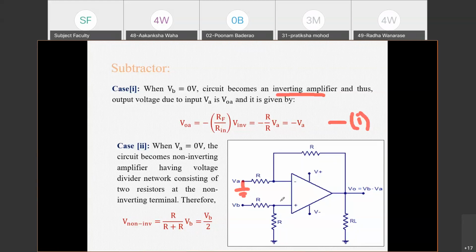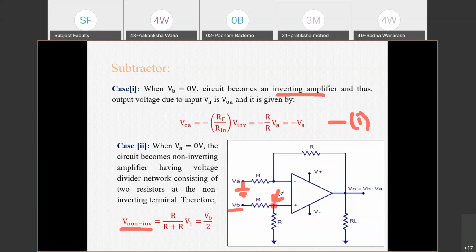But what we are interested in is the voltage at the non-inverting terminal. VB is your input voltage, but it is not the node voltage at this particular point. We are interested in this voltage.